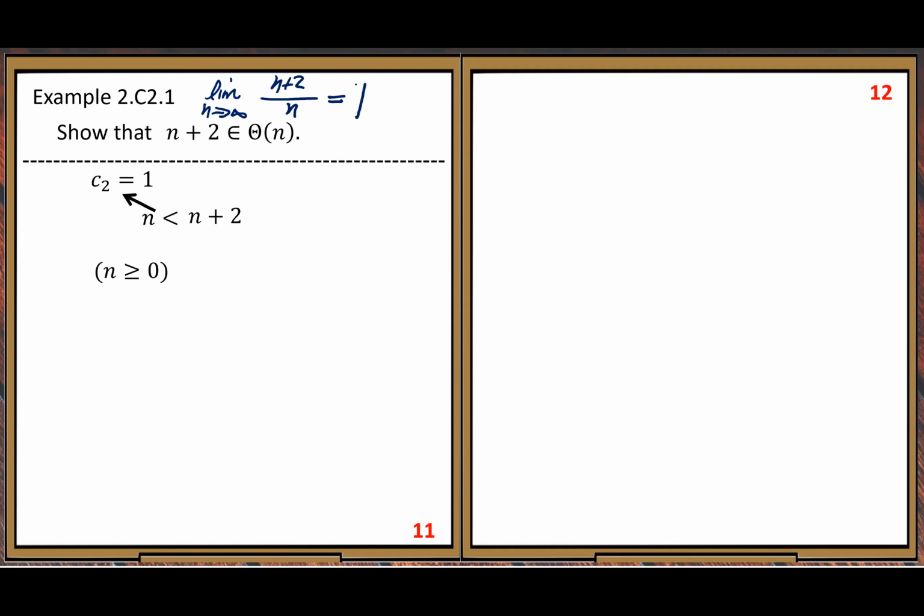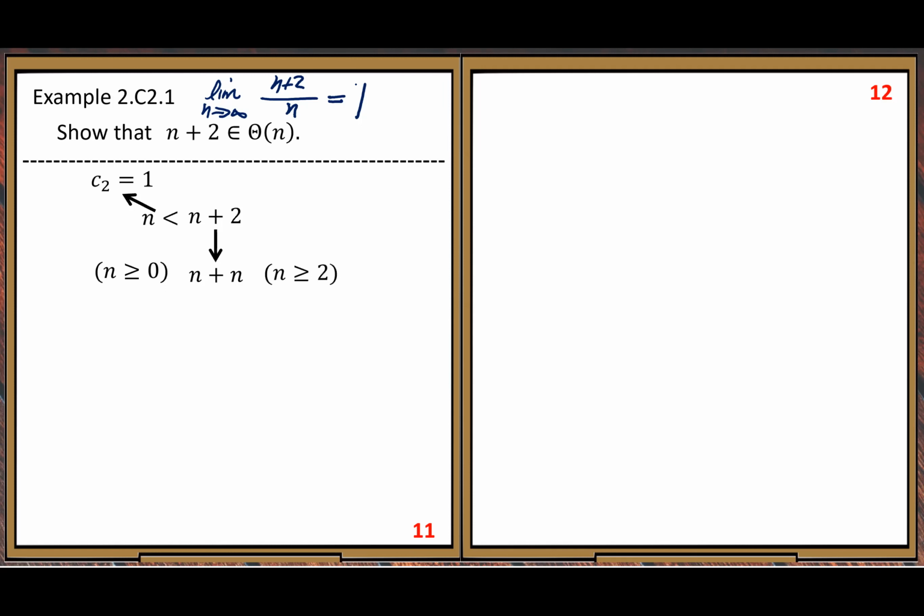Then we work on the C1 constant. Let us change this expression to n plus n. How about that? Replace 2, a fixed constant, by n. Do we make this expression larger? When we do the replacement, do we make the expression larger?